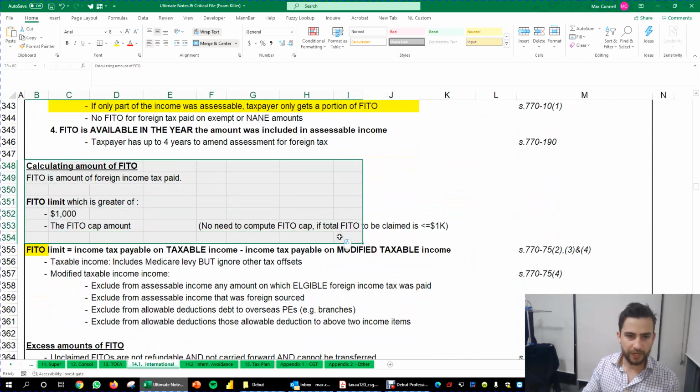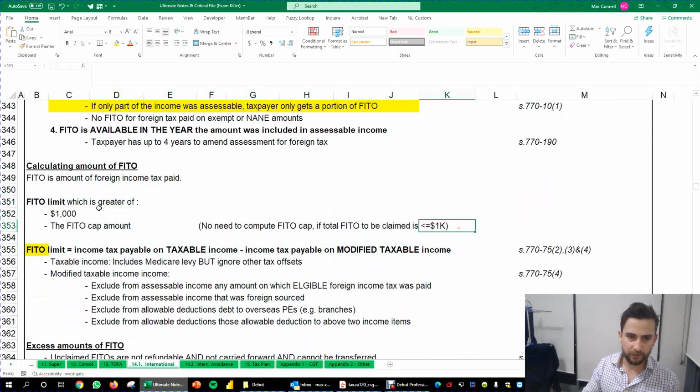So there's actually a FITO limit as well, so you can only claim FITO up to the greater of $1,000 or the FITO cap amount. So generally the FITO cap amount is the higher amount. It's not usually in a question that the cap's going to be $1,000, because the FITO limit is calculated as the income tax payable on taxable income less income tax payable on modified taxable income.